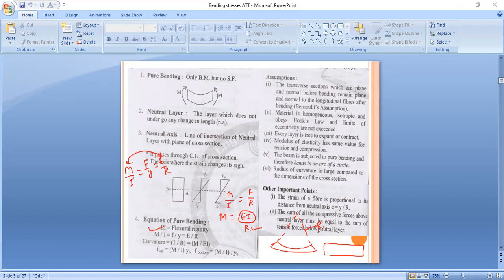Anyone please? Already we have discussed this point in the introduction to solid mechanics subject. If the beam should not be bent, at that time radius of curvature is equal to how much? Anyone please?